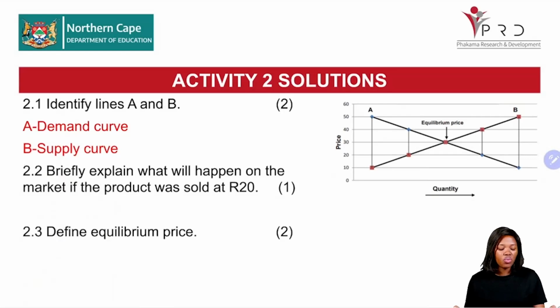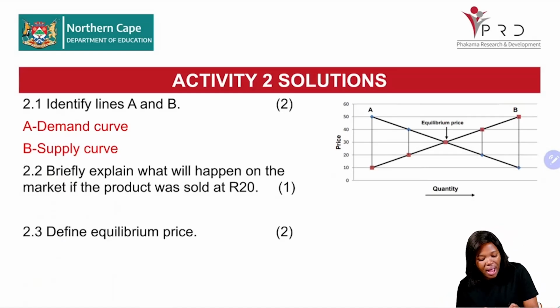Now, briefly explain what will happen on the market if the product was sold at 20 Rand. That is where you will have to analyze, you will have to look at the graph, because all your answers are in the graph. This is the price of a product, right?